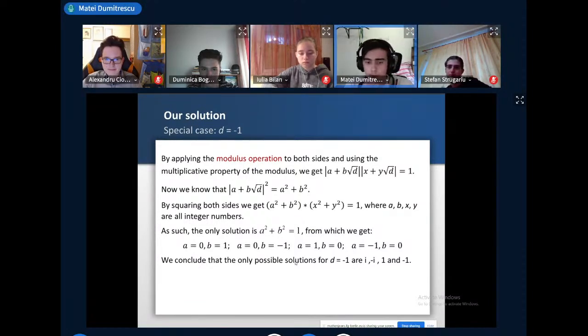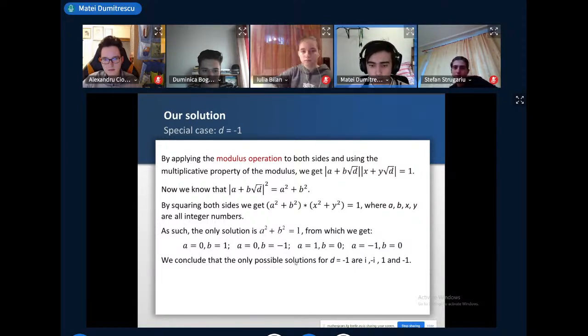Now we know that the modulus of a plus b times i squared is equal to a squared plus b squared, where a and b are the real and imaginary coefficients. By squaring both sides, we reach a very easy to solve form, which is a squared plus b squared times x squared plus y squared equals 1, where a, b, x, and y are all integers.